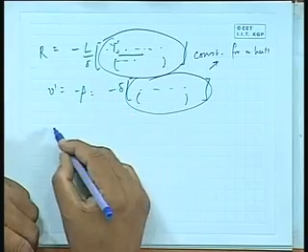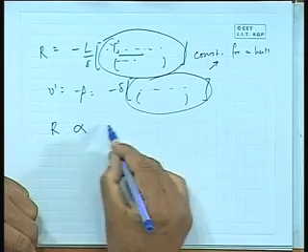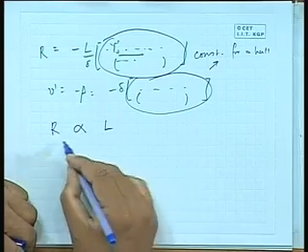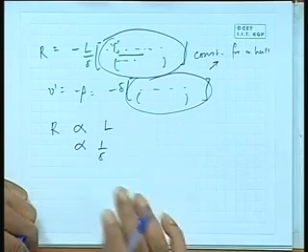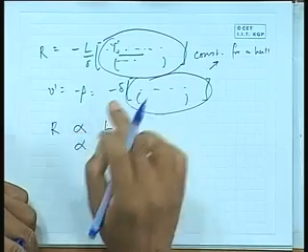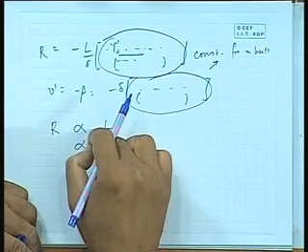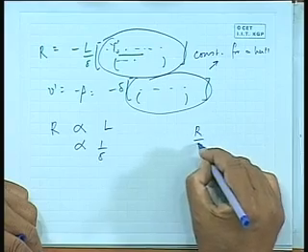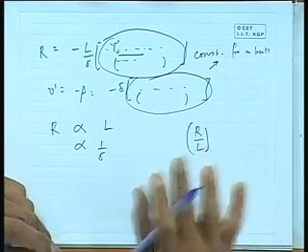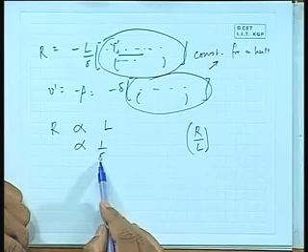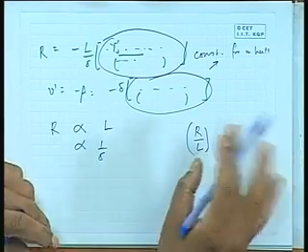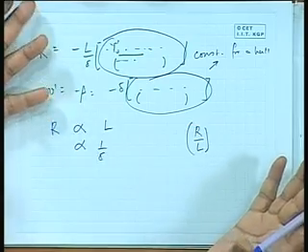What does it show? That R varies with respect to L and R varies with respect to 1 by delta, which means, number 1, the longer the ship, the larger the radius of turn. That is why we have this as a criteria. You will find that the IMO criteria is connected to R by L, not R. Also, R is inversely proportional to delta, which means the more the rudder angle, the smaller the radius of turn.